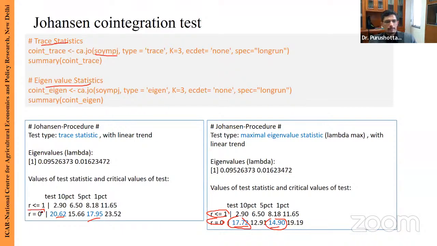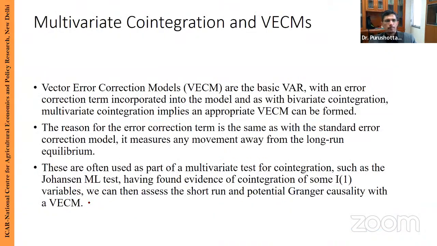Similarly, this says that there is more than one cointegrating vector. There is at least one cointegrating vector in the series. But here it is less than the critical value. We cannot go beyond that.